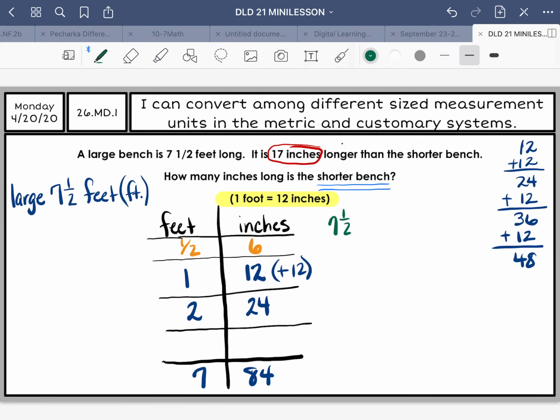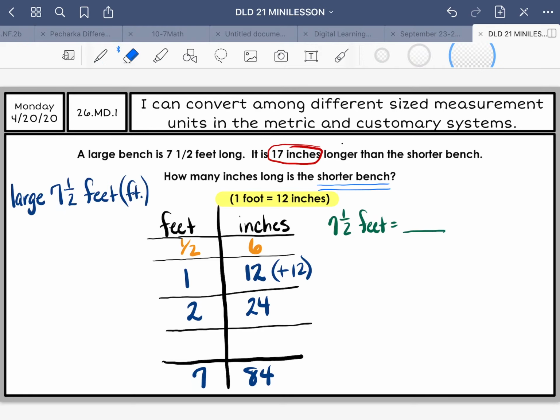My 7 1/2 feet is equal to how many inches? I'm just going to erase this work off the side so we have space.